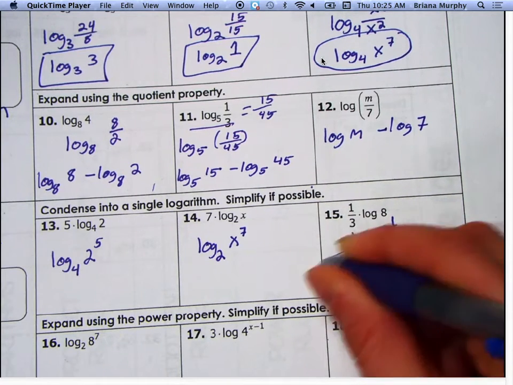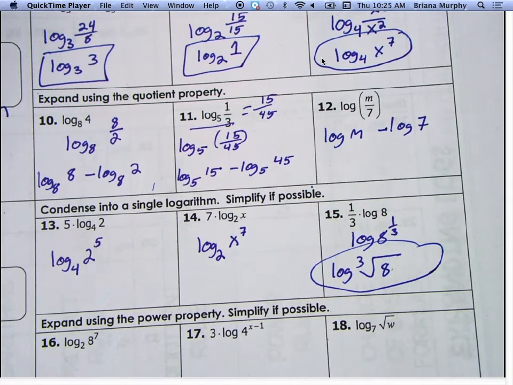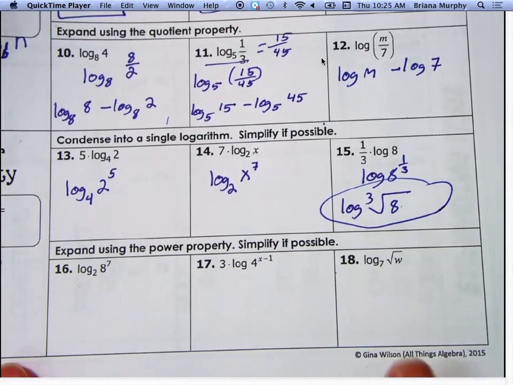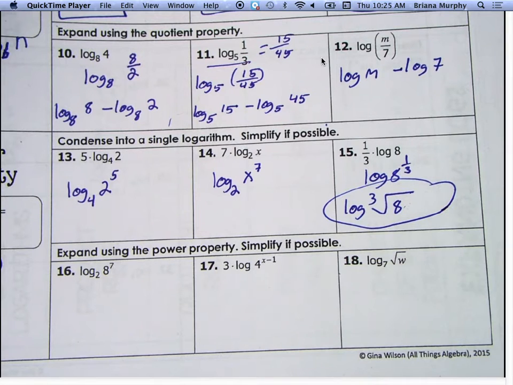This is important. I need you to know this. We did this a little bit before break. It was the stuff out of your book with radicals and exponents. We need to work on it. Okay. Yes, Cheyenne?